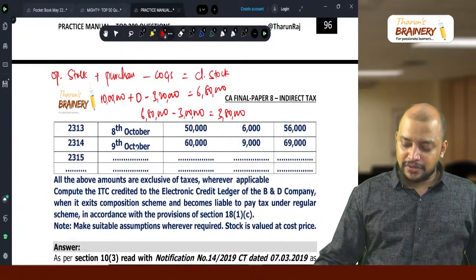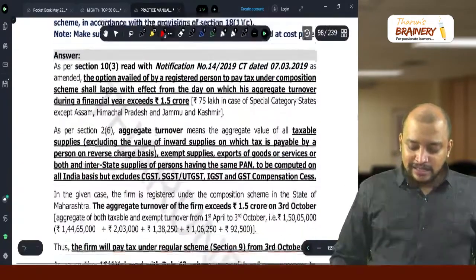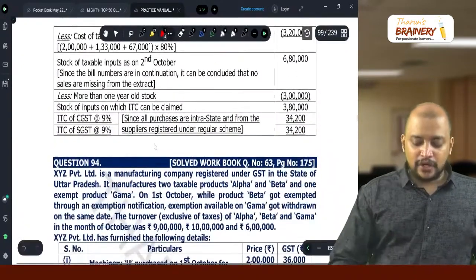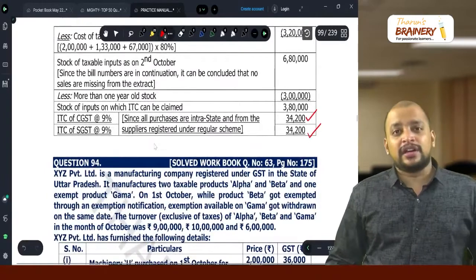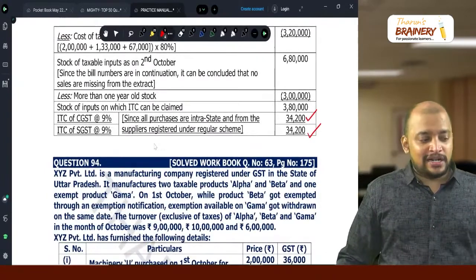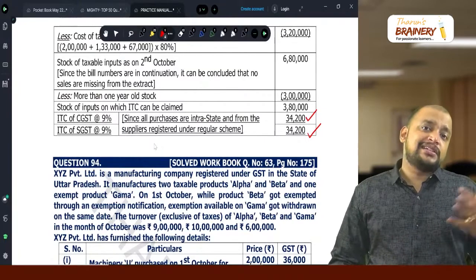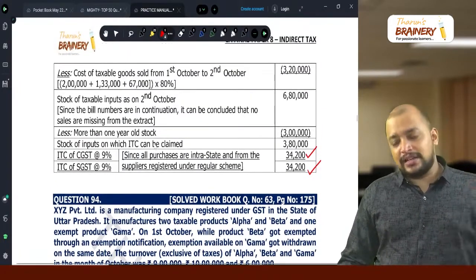So 3,80,000 into 18%, 68,400 will be taken as the credit. That is 34,200 and 34,200. 68,400 will be taken as credit under 18(1)(c).